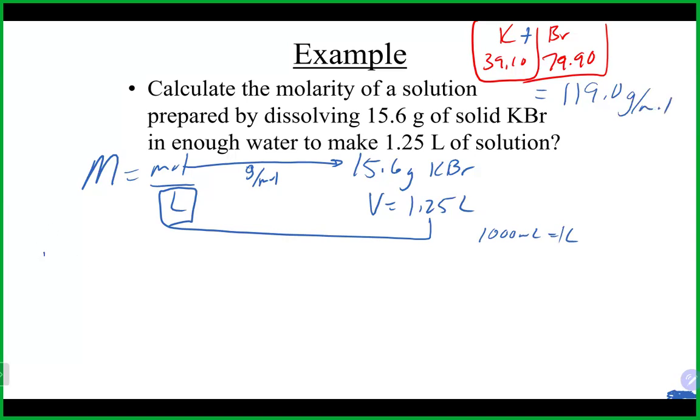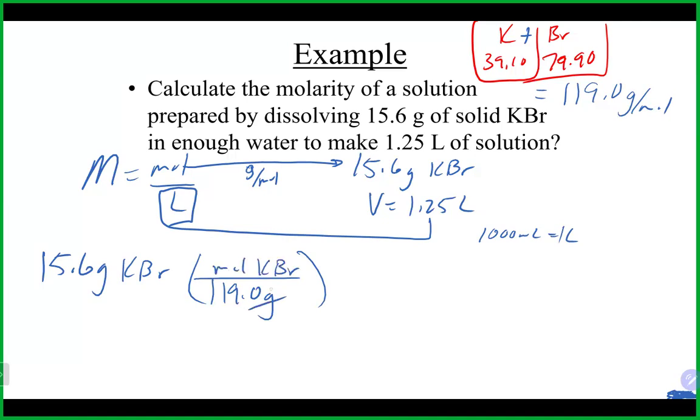And we'll use that as our conversion factor here to convert our grams into moles. We'll divide by the 119 so that the grams cancel, moles up on top. Grams go away, 15.6 divided by 119. Looks like 0.131 moles.